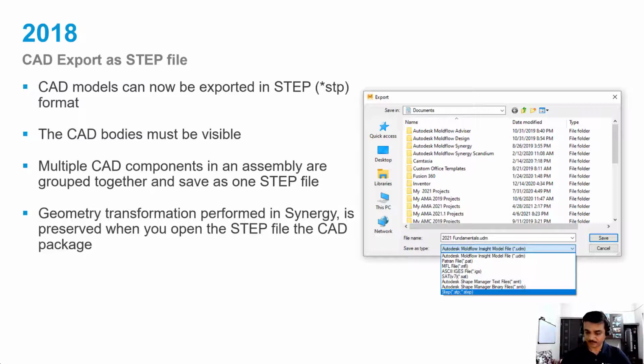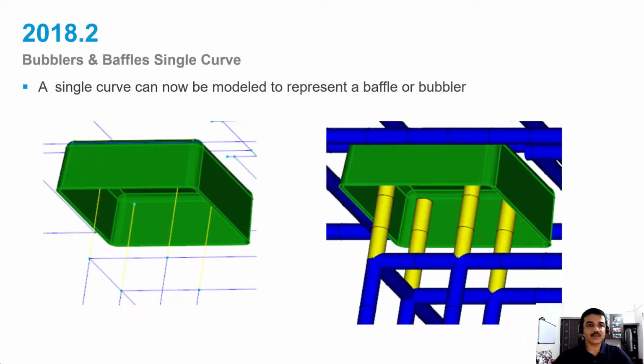Another announcement that I saw in 2018.2 was the way we represent bubblers and baffles to the solver. Until 2018, we used to create two lines with a distance of around 1 mm separating them, and then we used to have duplicate beams created on them, particularly something like a V shape, and it was taking quite some significant time.